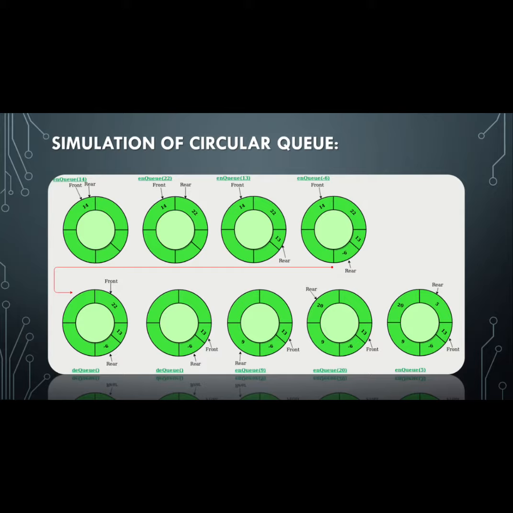As we can see, the 14, 22, 13, minus 9, the queue is full. Now if we start dequeuing, we have to dequeue from the front, 14, then 22, then 13, and when we again want to enqueue an object, we have to enqueue from the rear.